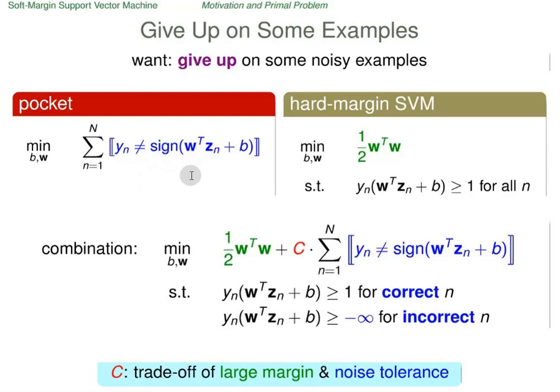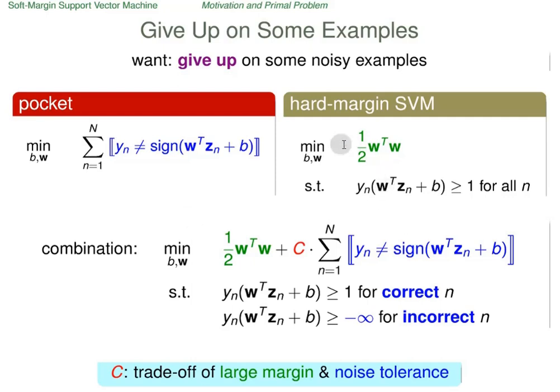But Pocket PLA again tries to find the best weights, W, and then bias with minimum possible error, which does not require the hypothesis to be perfect. Can we change the hard-margin SVM similar to Pocket PLA so that we can give up some of the noisy examples?